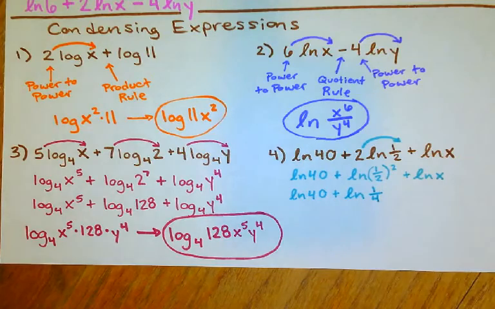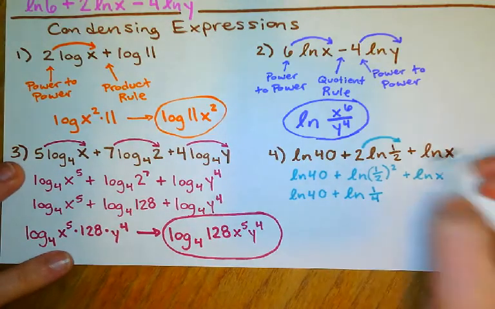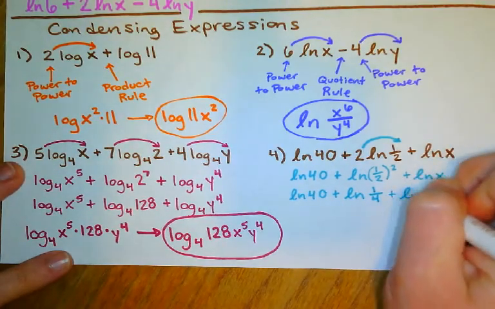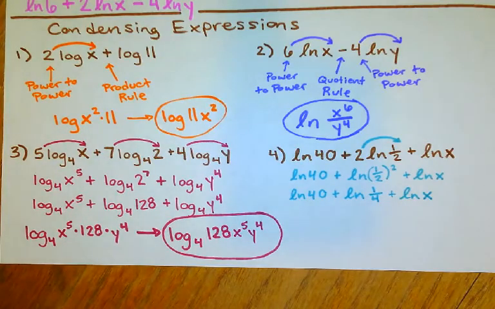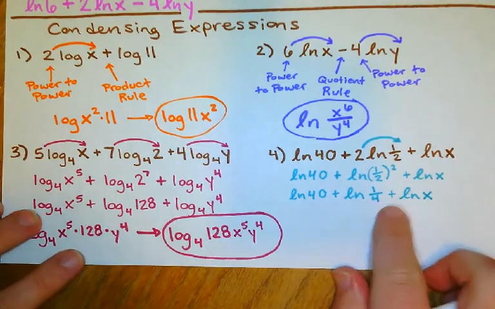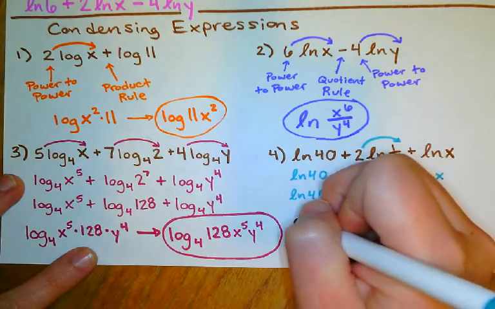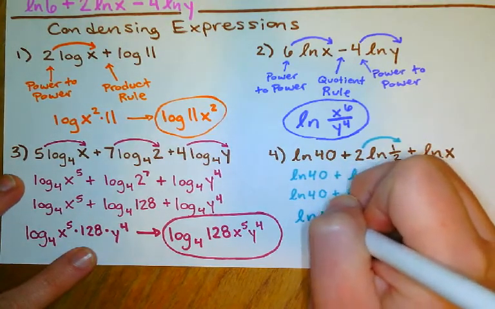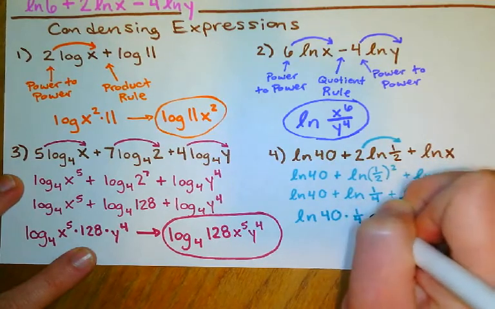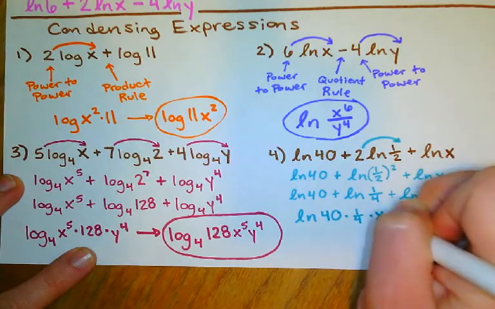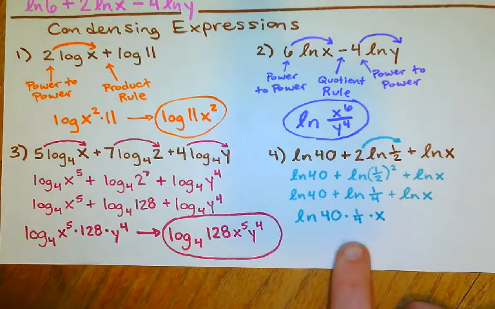So that 1/2 really becomes 1/4. The decimal you would have gotten on your calculator would have been 0.25, which is 1/4. Then we're going to have plus natural log of x. Now when we put this together, addition means we're multiplying. So we're going to have the natural log of 40 times 1/4 times x. Alright, there's some math that we can do here.